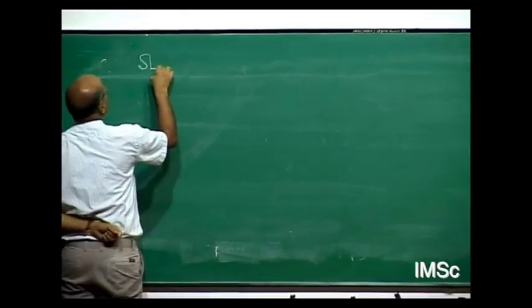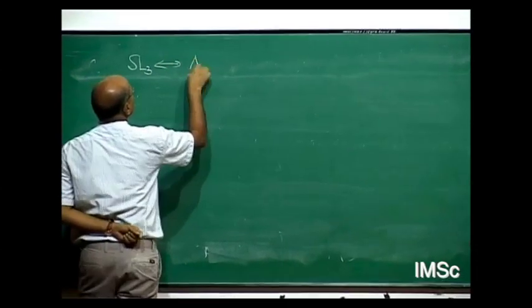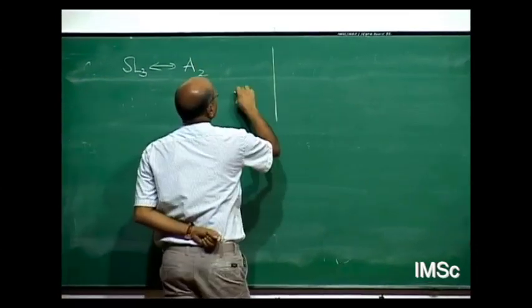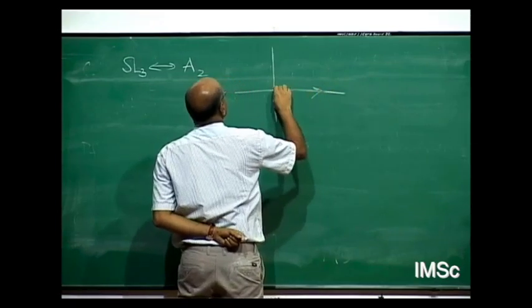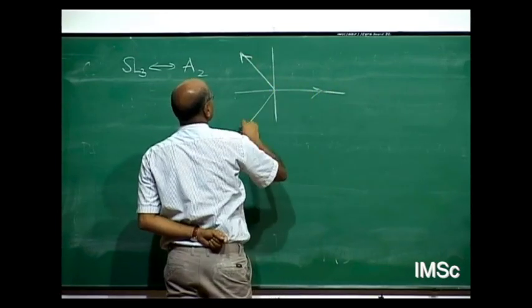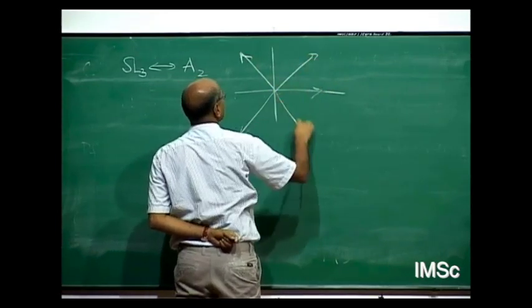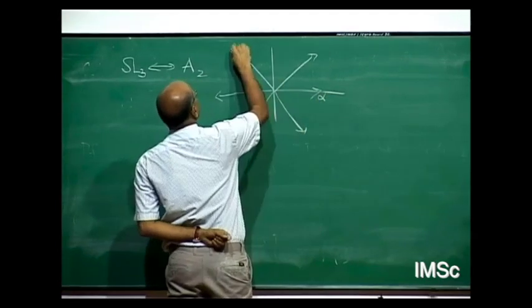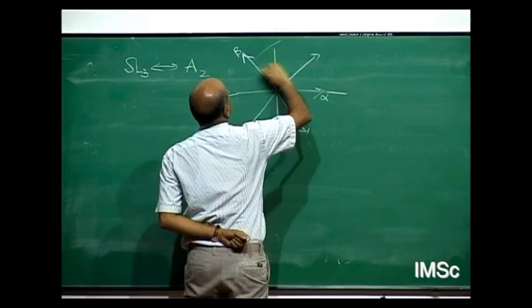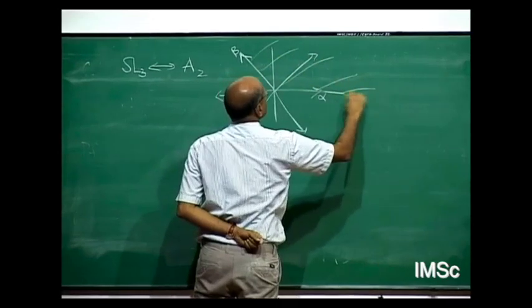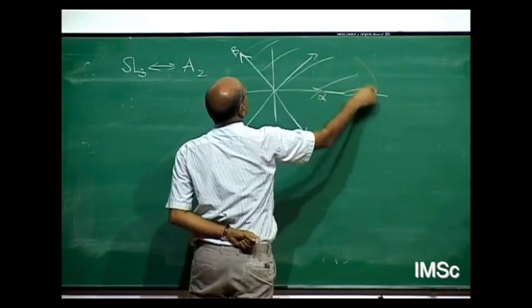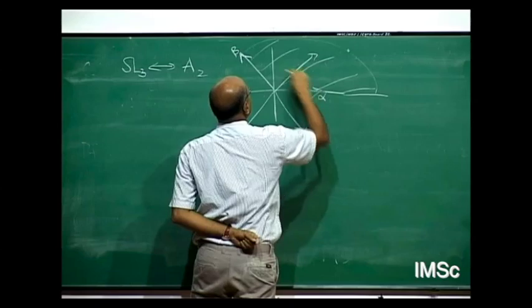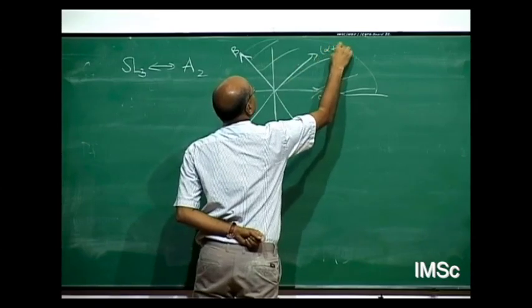So there is the Lie algebra associated to SL3, which is called A2, and the Lie algebra is written like this maybe, and these are two positive roots alpha and beta, and this is the cone in which alpha, beta, and alpha plus beta lie.